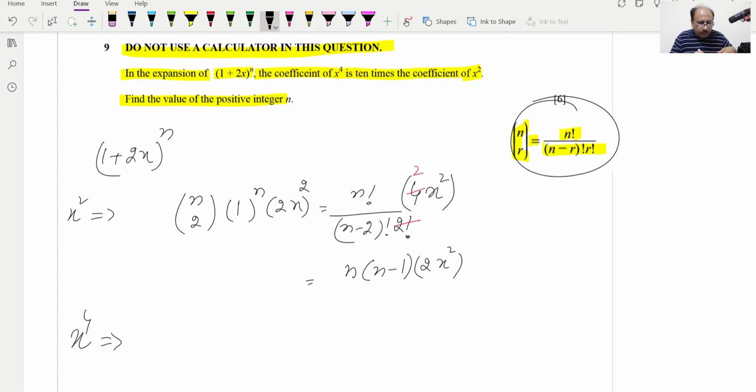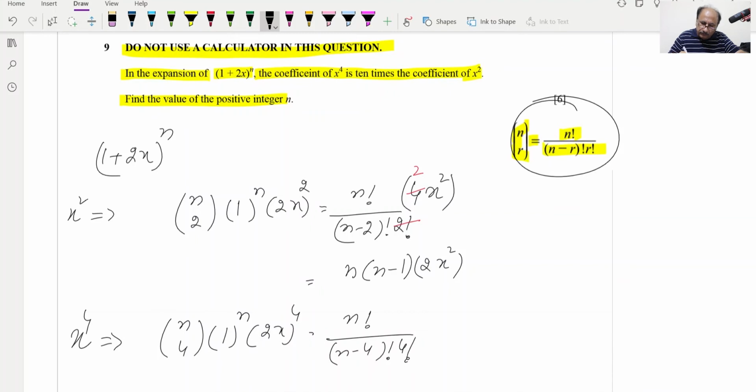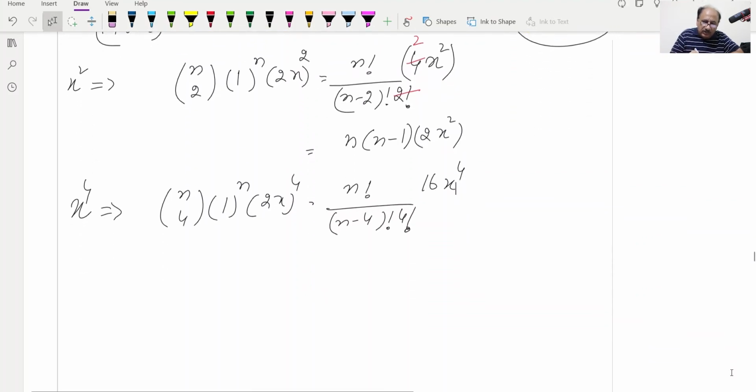Now we can find the coefficient of x^4. So for x^4 we take nC4, and 1 raised to the power n and 2x raised to the power 4, and similarly we can write it as n factorial over n minus 4 factorial into 4 factorial, and this will be 2x raised to the power 4, and 2 raised to the power 4 will be 16, so directly we can write 16x^4. Now we can simplify this.